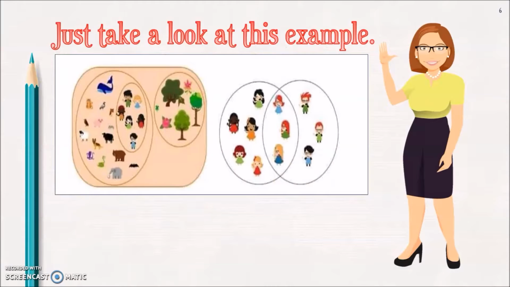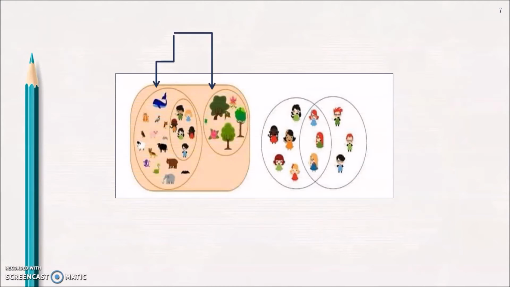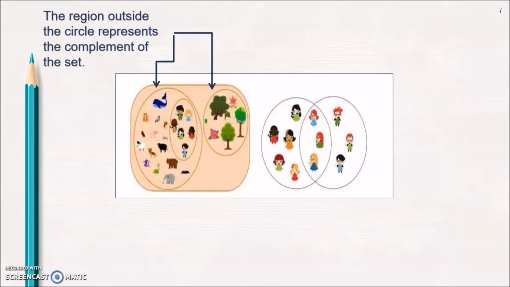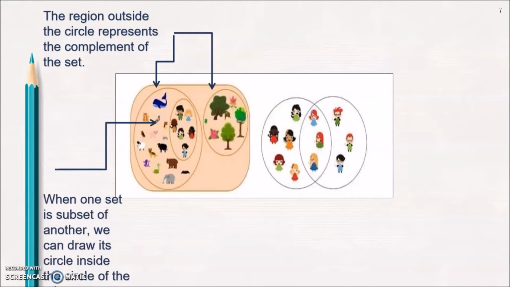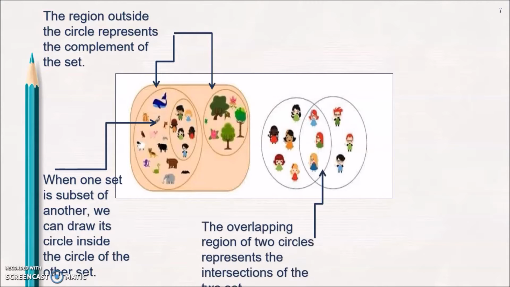Just take a look at this example. This is an example of a set and subsets being presented in a Venn diagram. In a Venn diagram with complements, unions, and intersections, the region outside the circle represents the complement of the set. When one set is a subset of another, we can draw its circle inside the circle of the other set.